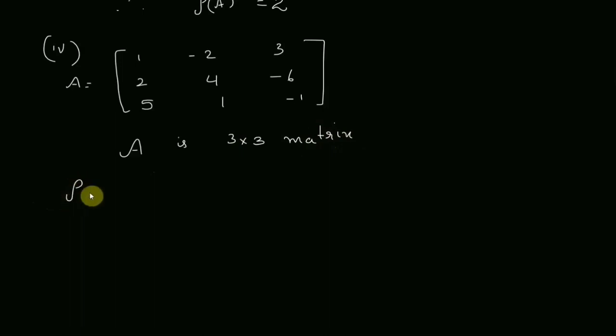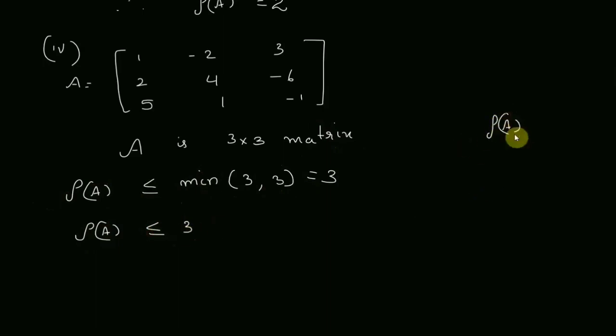Because it is a 3 by 3 matrix. What is the minimum of 3 and 3? We write it as 3. So rank of A is less than or equal to 3. That means rank of A is either 0 or 1 or 2 or 3.